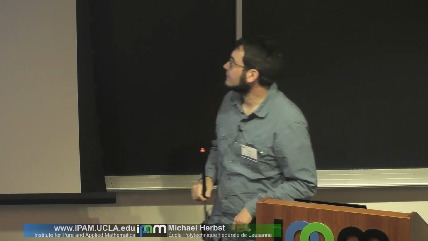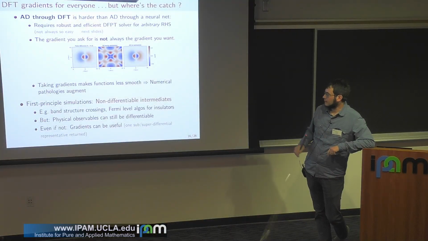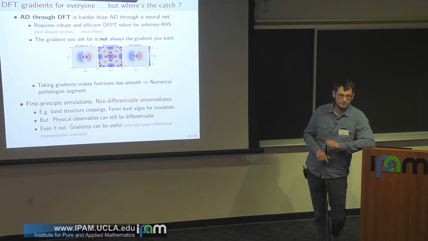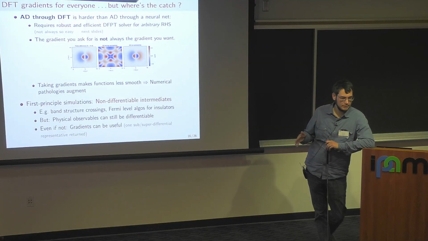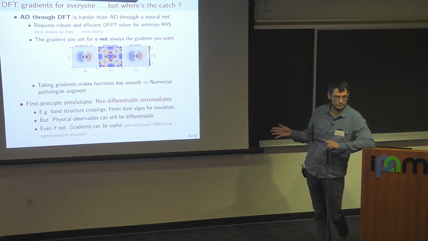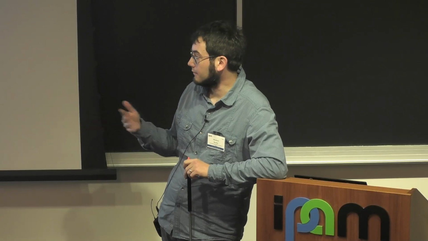But you're right, and in fact, I think this is the next slide, that there are some catches. Indeed, one of the things is that not everything is differentiable in physics, right? So you have to be a little bit clever in the sense that, first of all, just because an intermediate is not differentiable doesn't mean that the final thing is not differentiable. In particular, if you do sums over non-differentiable things, you often get back to something differentiable. So it's also a question of how you formulate your problem.